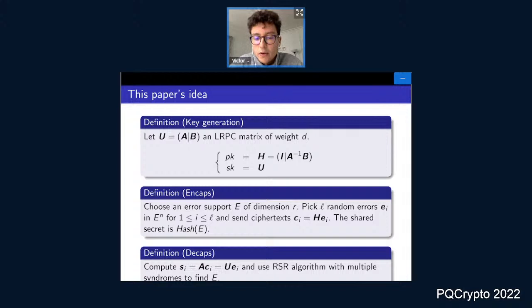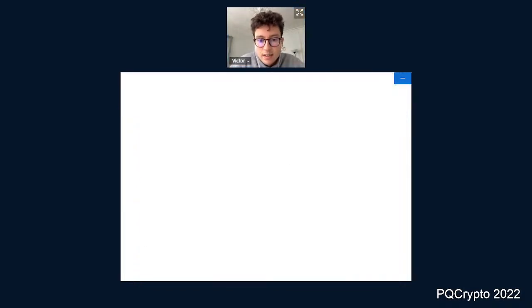But the advantage here is that because you have a better decoding failure rate, you can decrease the parameters, meaning the size of your secret key and public key matrices. And then overall, even if you have the ciphertext which is longer, you will gain overall on the sum of the public key and the ciphertext sizes.